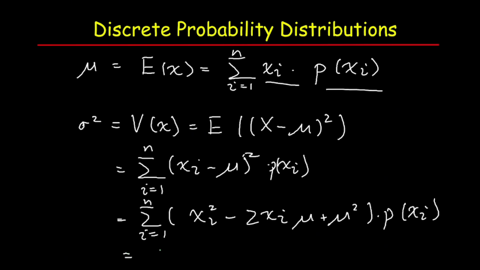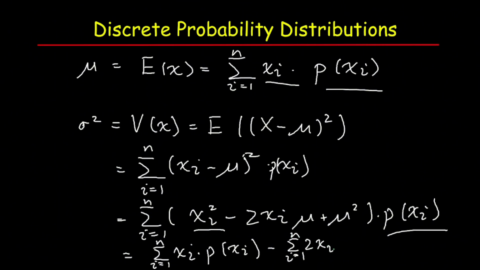And we can simplify this one step further to find that this is sigma i equals 1 to n, xi squared times p(xi), minus this term, which is sigma i equals 1 to n, 2 xi mu times p(xi), plus mu squared, because the sum of all the p(xi)'s is just 1.